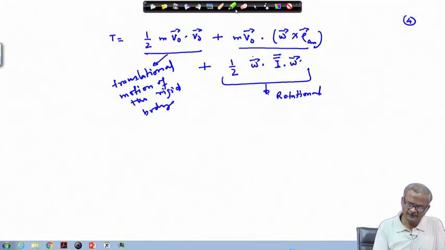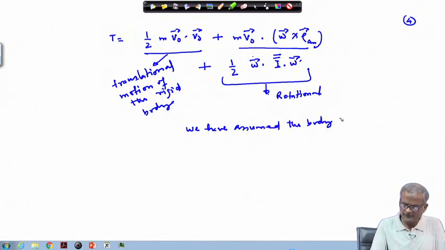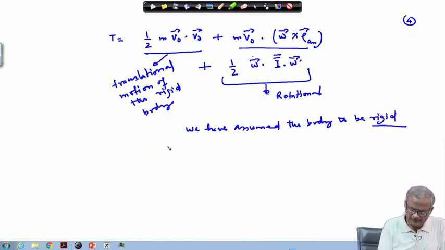What we have done here is that we have assumed the body to be rigid. So, that way we have simplified things, like V we have written as V 0 plus omega cross rho.